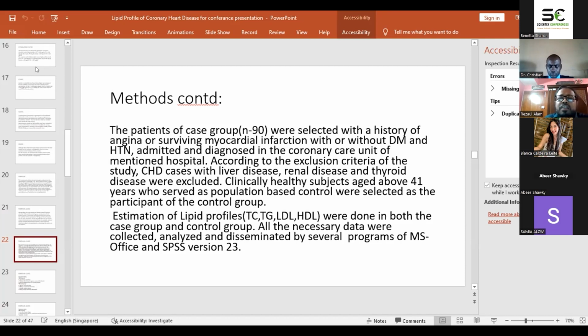Whereas clinically healthy subjects aged about 41 years who served as population-based control were selected as the participants of the control group. Estimation of lipid profile, that is total cholesterol, triglyceride, LDL cholesterol, and HDL cholesterol, were done in both the case group and the control group. All the necessary data were collected, analyzed, and disseminated by several programs of MS Office and SPSS version 23.